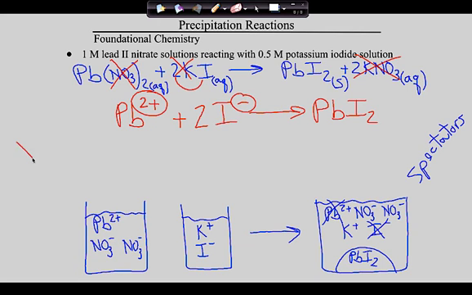This is what is called a net ionic equation. And guys, for the rest of the year, whenever you write a chemical reaction, it will always be the net ionic equation. So you will figure out which things are doing chemistry, which things are spectators, get rid of the spectators, and only write down the things that are doing chemistry. They're called net ionic equations.